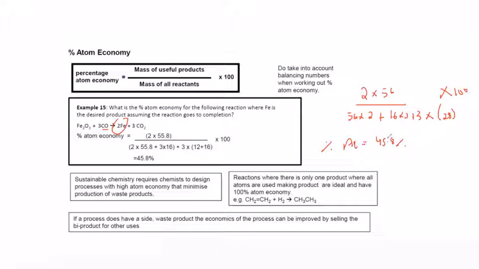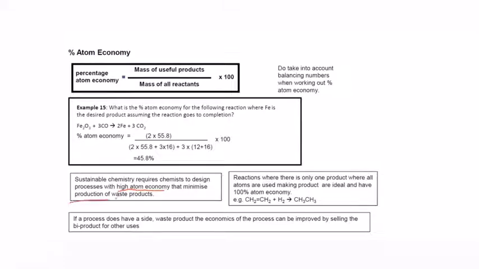So we just need the equation to calculate the percentage atom economy. What is the advantage of using this term? This shows the sustainability of a reaction. Sustainable chemistry requires a chemist to design a process which has higher atom economy that minimizes the waste product.